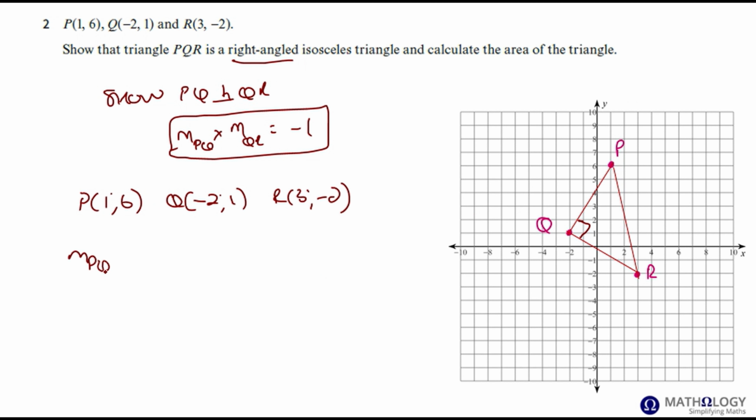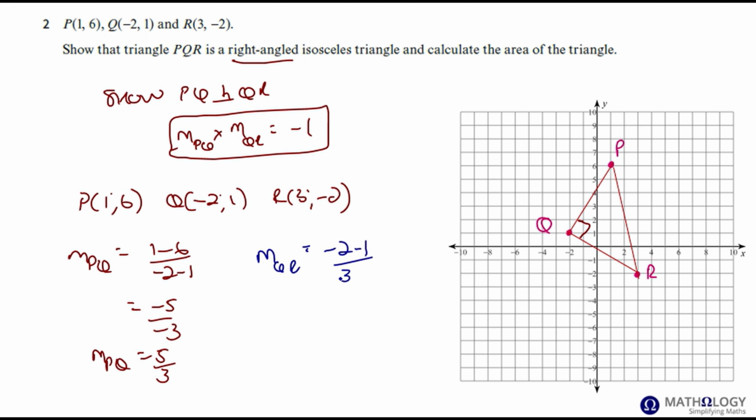Gradient PQ equals y2 minus y1 over x2 minus x1. So 1 minus 6 over minus 2 minus 1. That's minus 5 over minus 3, which is 5 over 3. Gradient QR equals minus 2 minus 1 over 3 minus minus 2, so 3 plus 2.